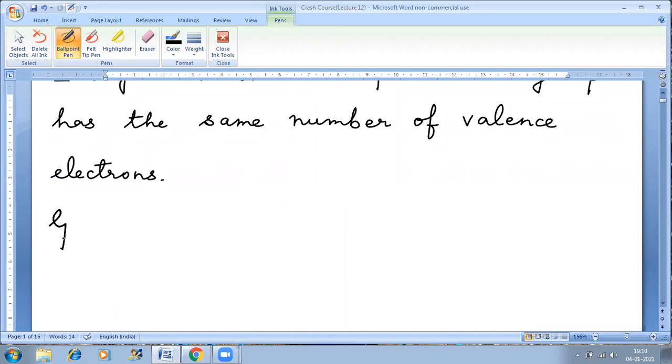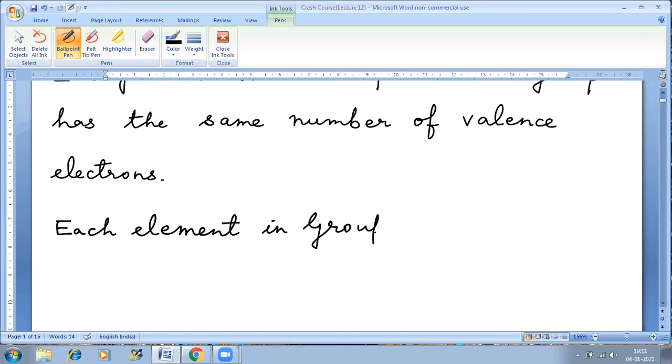Every element in group 1 has one valence electron.